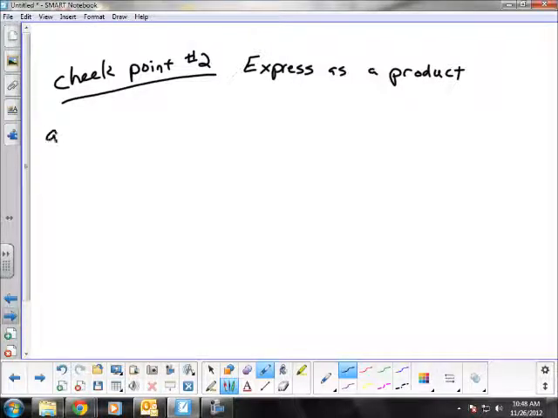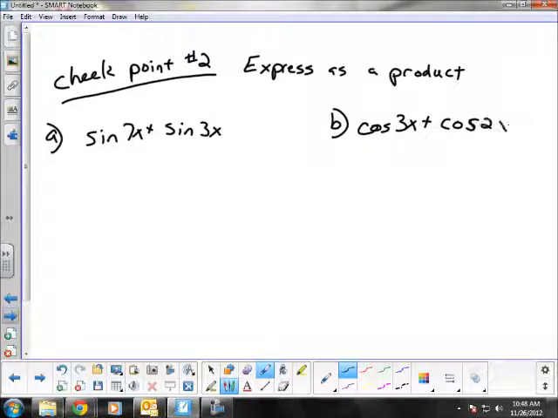So part A wants us to take the sine of 7x plus the sine of 3x, and part B wants me to take the cosine of 3x plus the cosine of 2x, and change them, instead of being a sum, into a product.